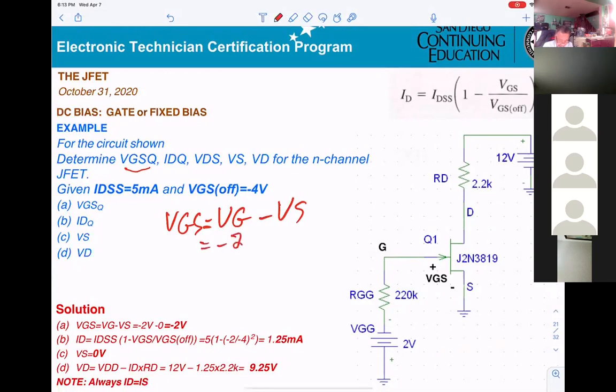It is minus 2 volt, right? That means VG equals VGG. What is VS? 0. So that's why I get VGS equal minus 2 volt.